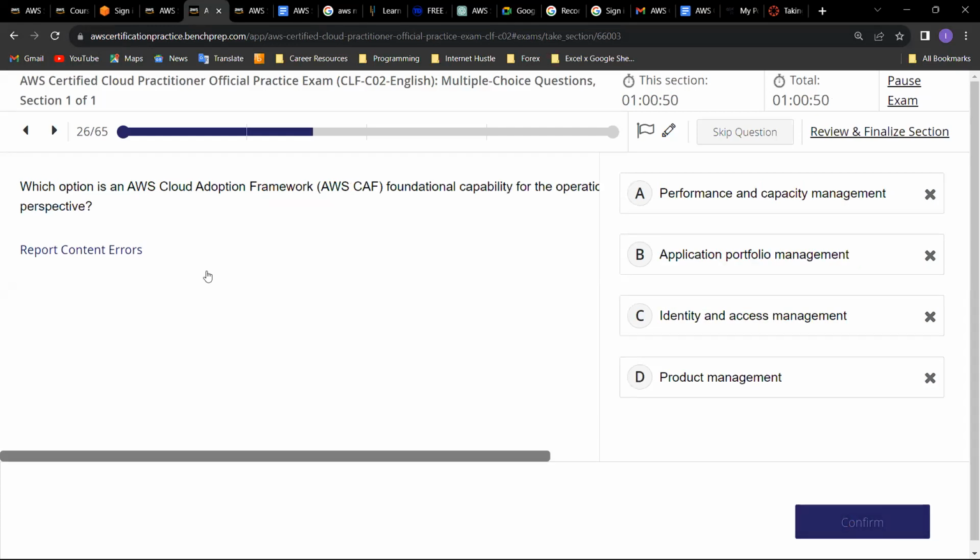Which option is an AWS cloud adoption framework foundational capability of operations perspective?